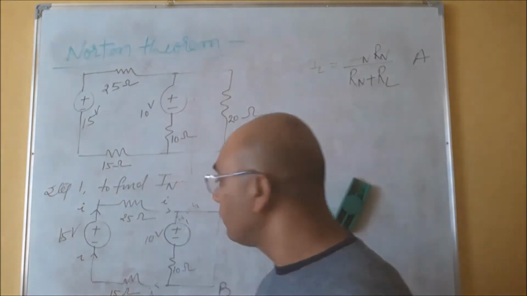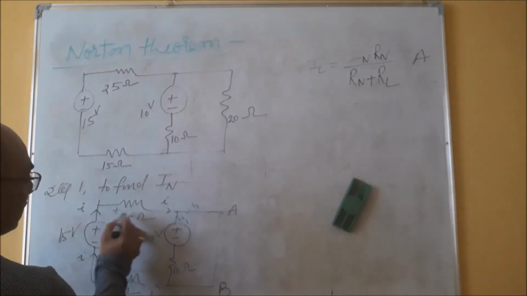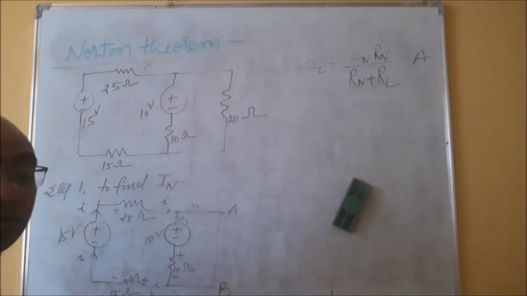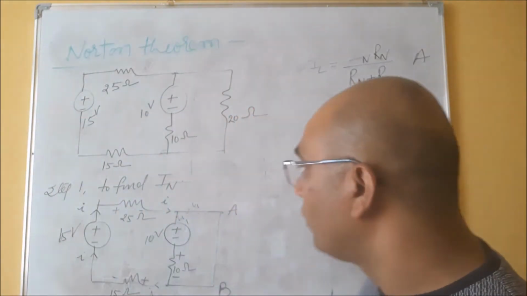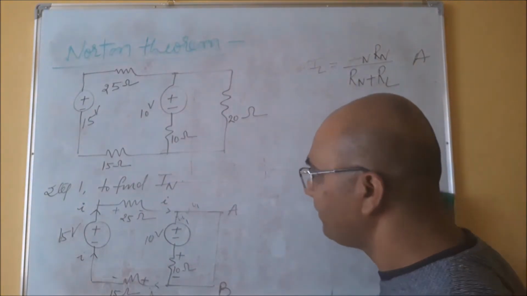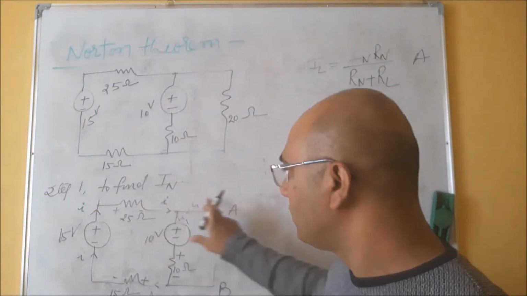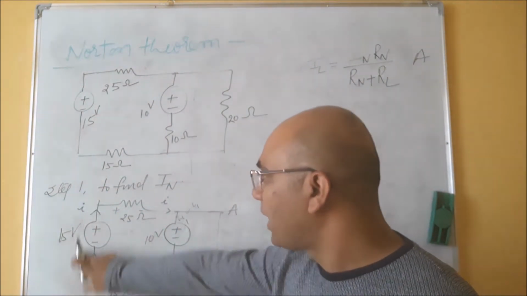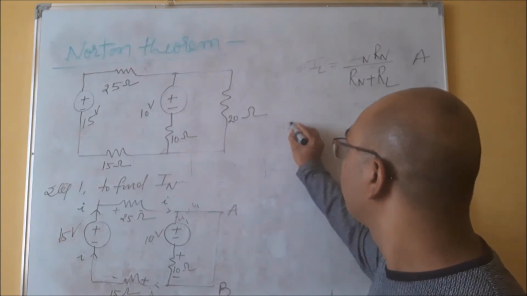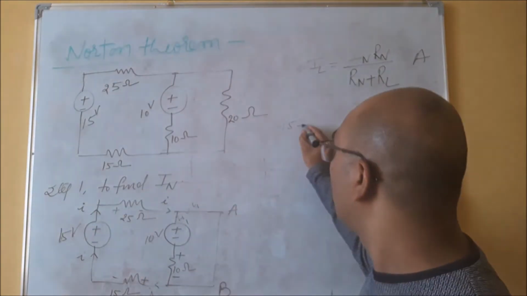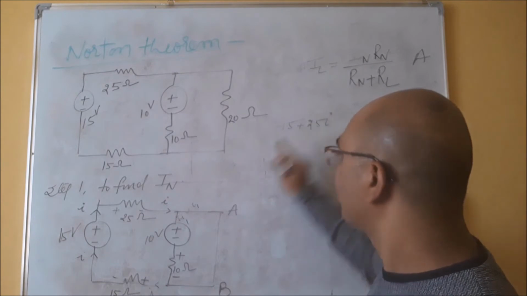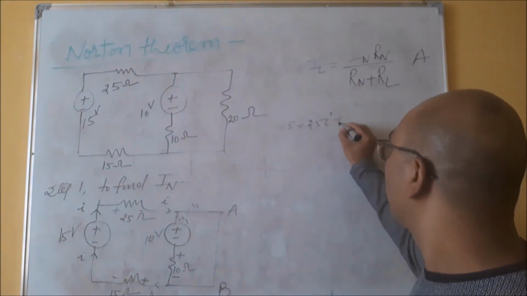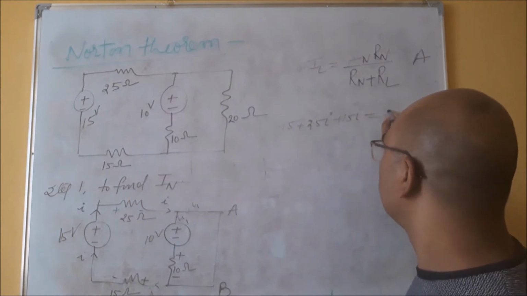Again, draw the polarity of each resistance. This is plus, minus, minus. Right, now write KVL. First I am going for the big loop. So in the big loop, minus 50 plus 25i plus 15i equals 0.